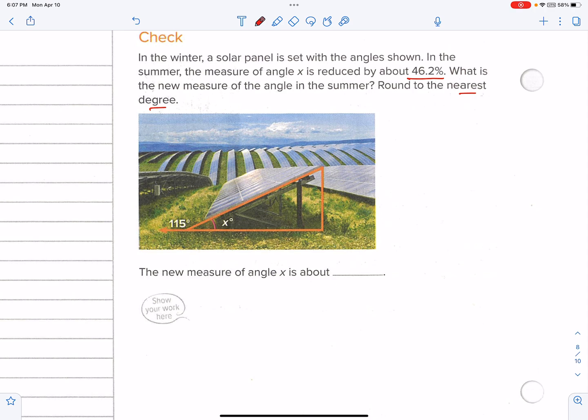All right, so first of all, finding angle X. So we know that here's our straight line, and this whole thing equals 180 degrees. And so we have x plus 115 equals 180, or we can do 180 minus 115 will equal x.